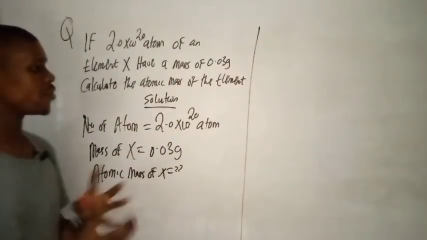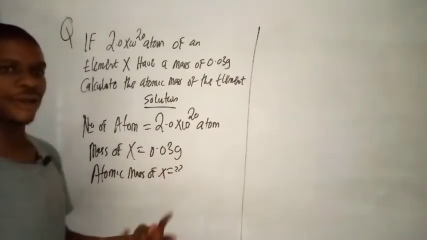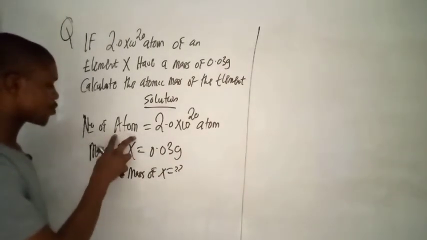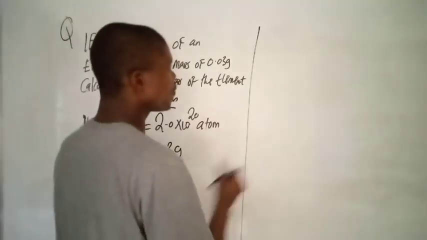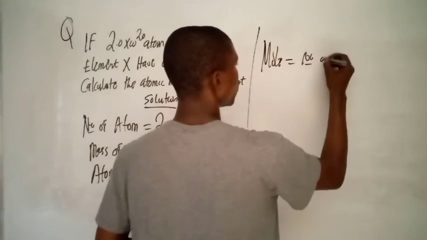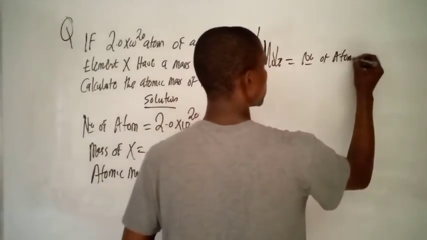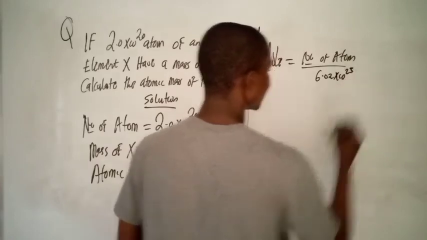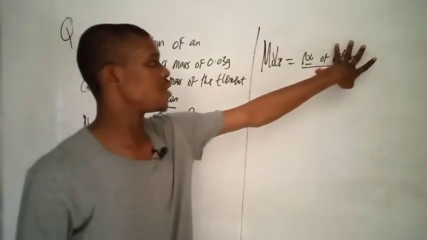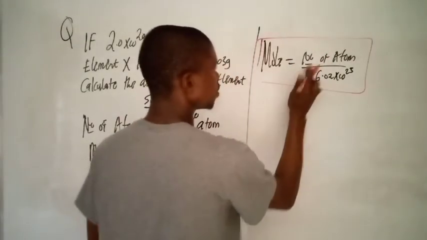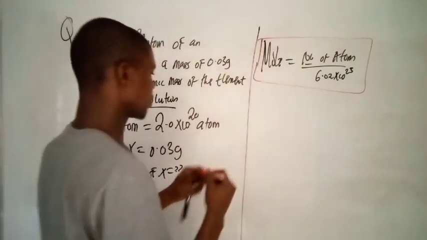So now it's time for us to pick the formulas we are going to make use of. Which formula relates the number of atoms? Remember, we have one formula: mole equals number of atoms over 6.02 × 10^23. So this is the first formula we are going to make use of, because we are being given the number of atoms.